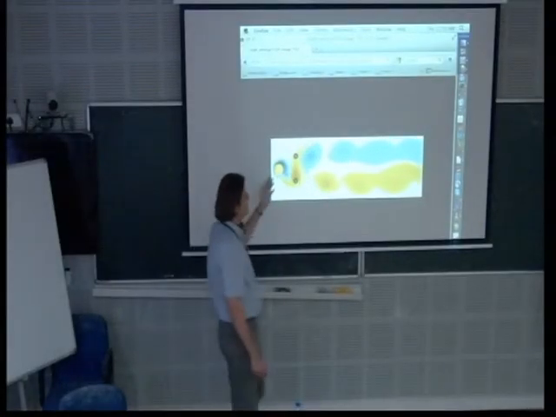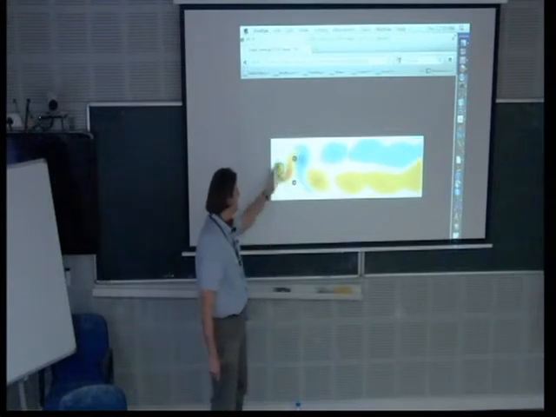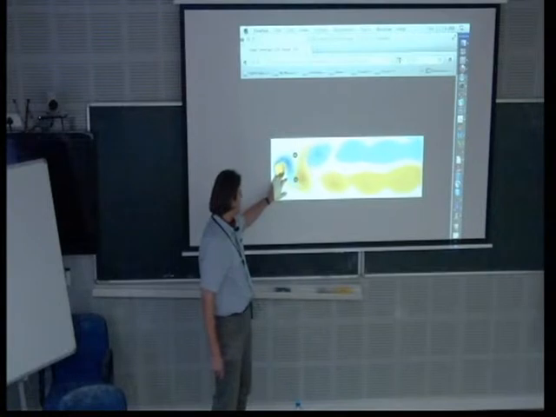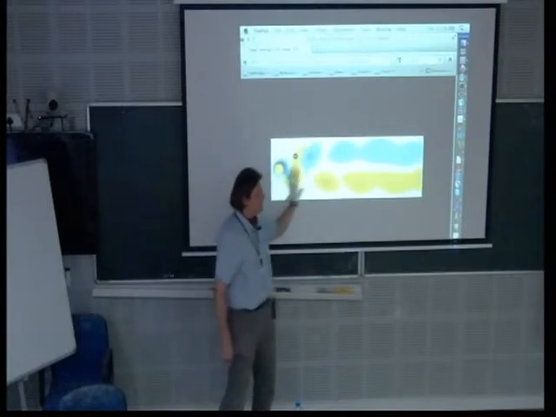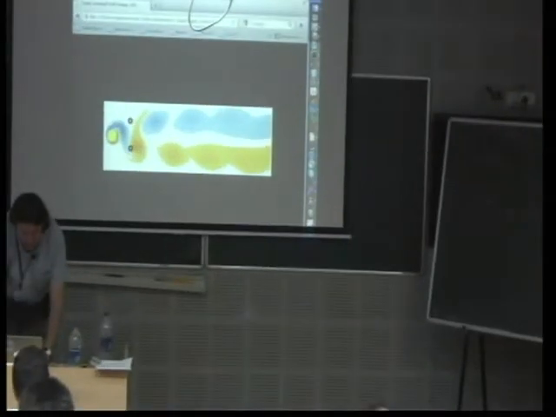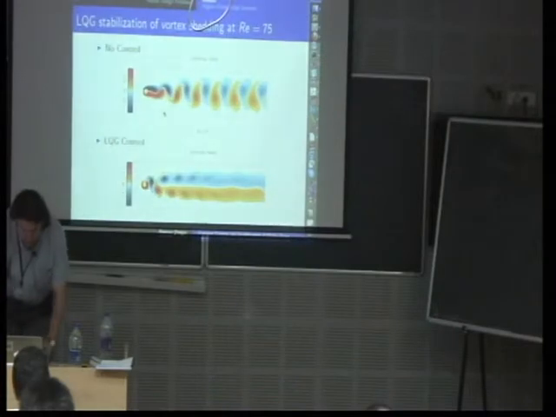And in fact, this is what we observe here. Our controller doesn't do a good job close to the boundary, but far downstream, it does what it is supposed to do. Okay, so let me maybe close that.